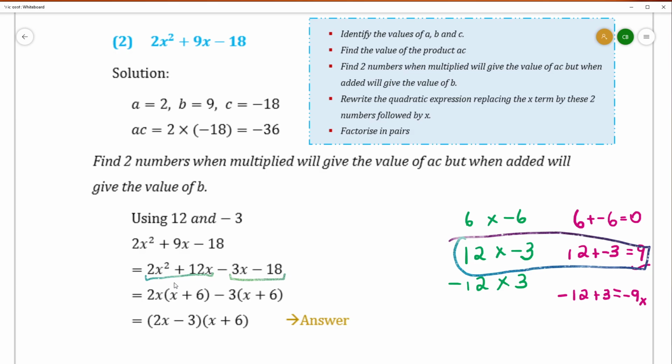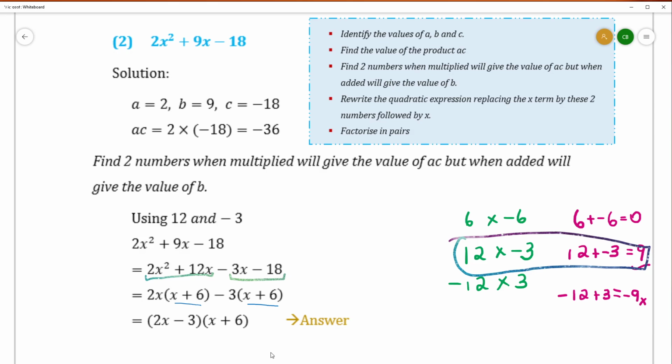At this point, both our brackets are the same. So if I have an x plus 6 and an x plus 6, that's also a common factor. If we factorize x plus 6 from both of them, from the first term I'll be left with the 2x. From the second term I'll be left with minus 3.